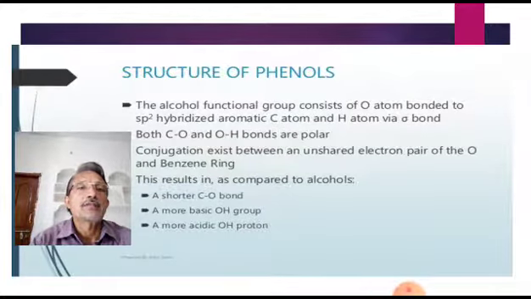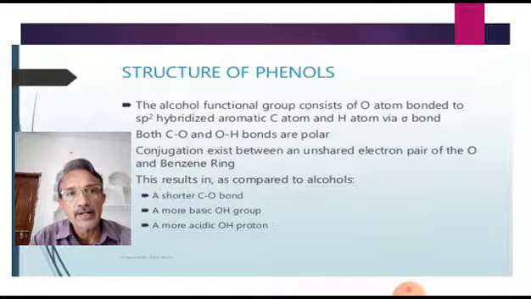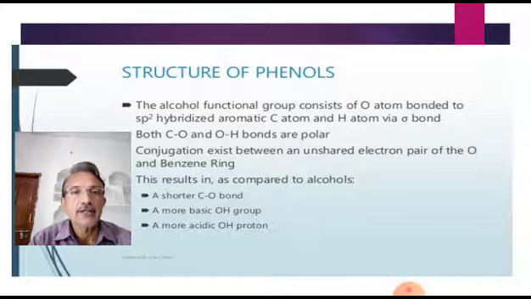Structure of phenols. The functional group consists of an oxygen atom bonded to an sp2 hybridized aromatic carbon atom and to a hydrogen atom via sigma bonds. Both C-O and O-H bonds are polar. Conjugation exists between an unshared electron pair of the oxygen and the benzene ring.